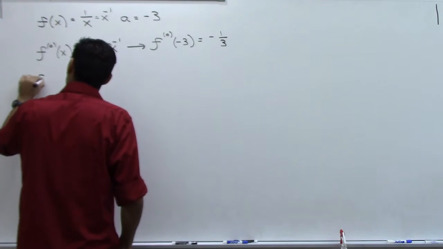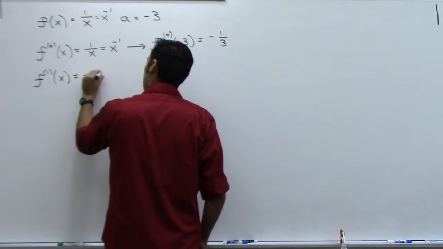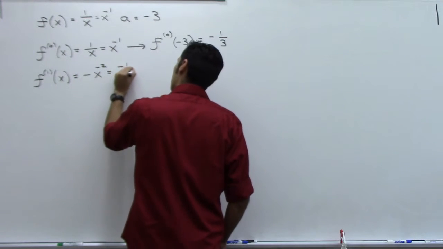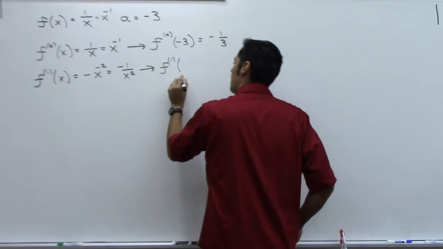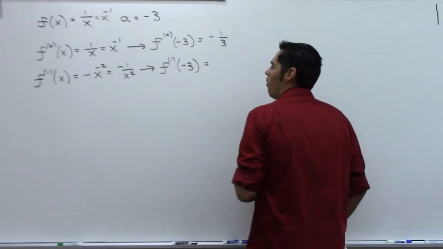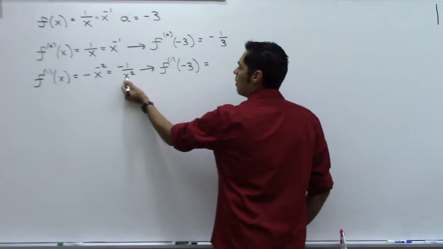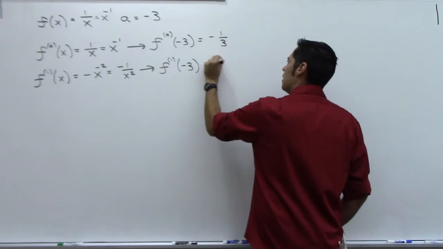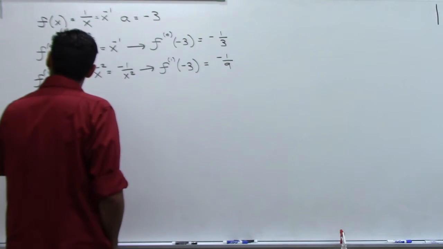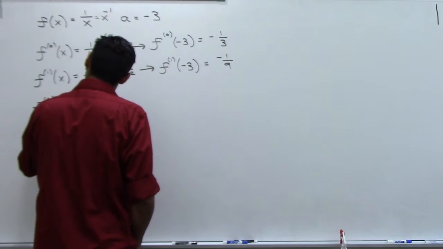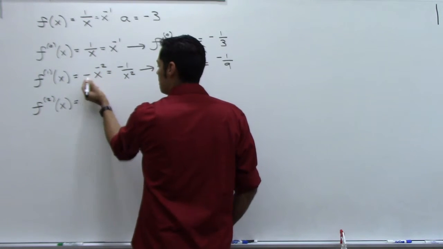Now we take the first derivative and we get negative x to the negative 2, which is negative 1 over x squared. So when we plug into this derivative negative 3, when we square it, it's going to be positive 9, so it's not going to matter. We get negative 1/9. And then when we take the second derivative, the negative 2 comes out, hits this, becomes positive 2.